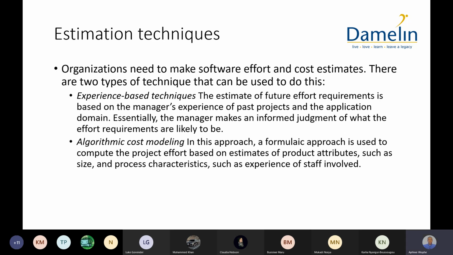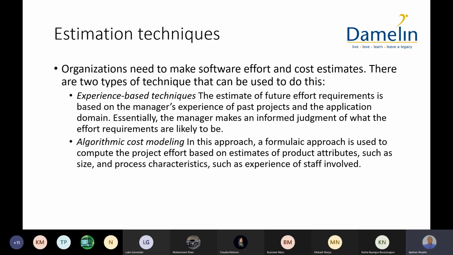So there are different techniques that we can use to estimate the cost of software. Organizations need to make software effort and cost estimations. There are two types of techniques that can be used to do this, okay? We have the experience-based techniques.